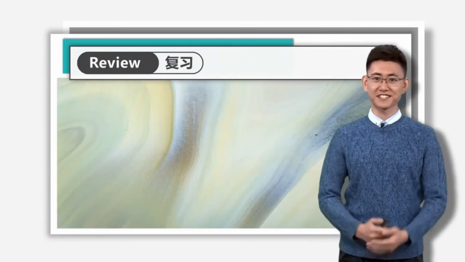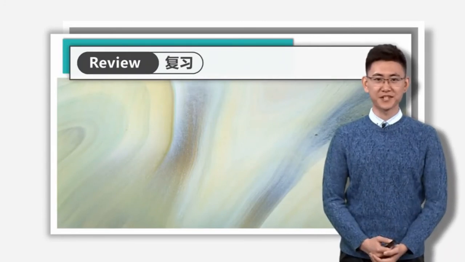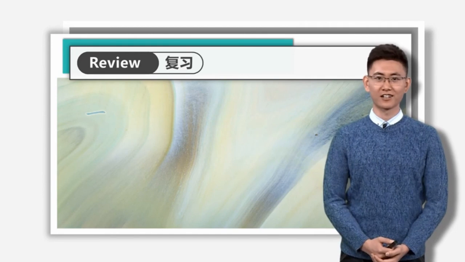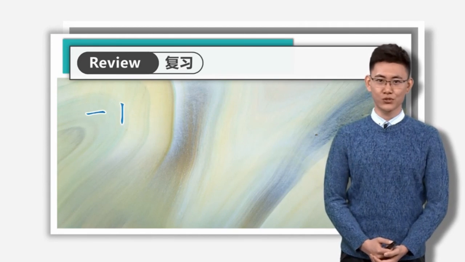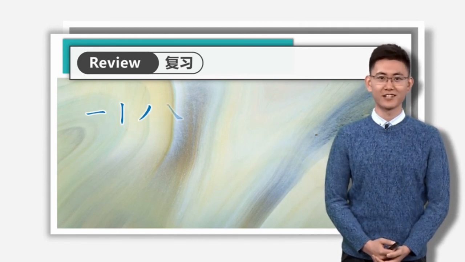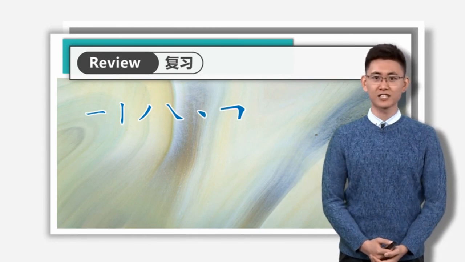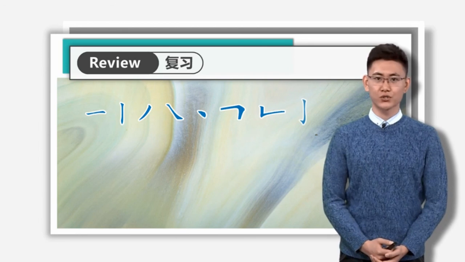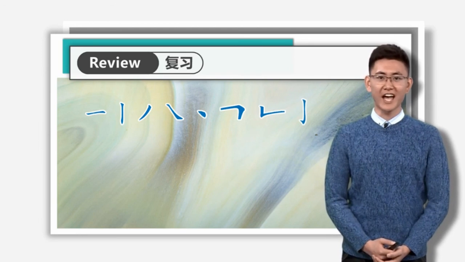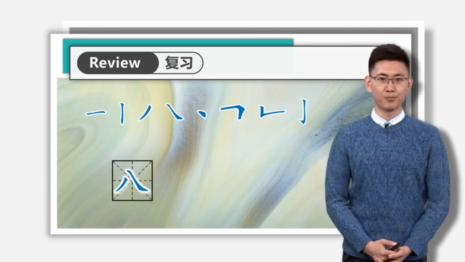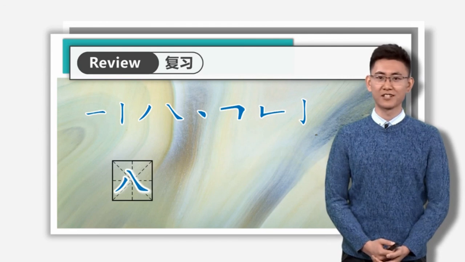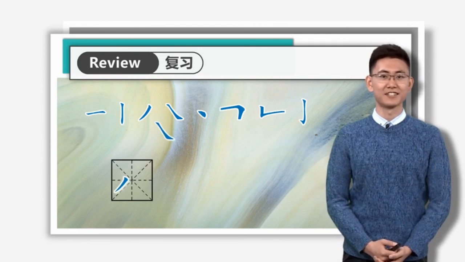In the previous lessons, we've learned 8 basic strokes. They are 横、竖、撇、捺、点、横折、竖折、竖钩。And the Chinese character 八 is made up of 撇 and 捺.